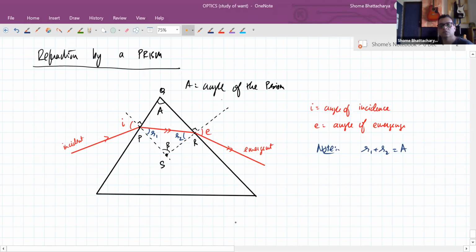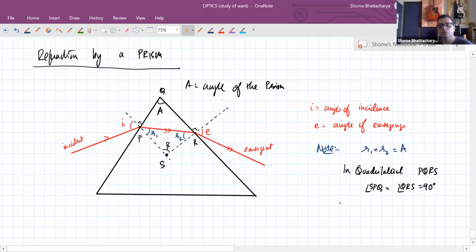In quadrilateral PQRS, you can see these two angles, angle SPQ and angle QRS, are both equal to 90 degrees each.